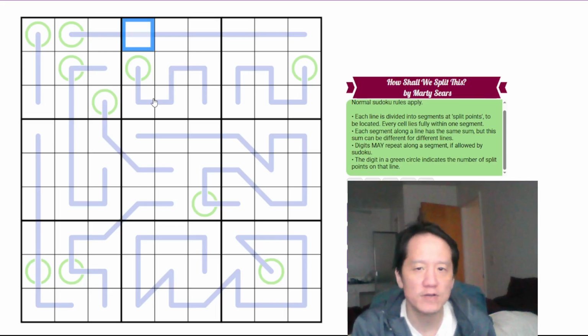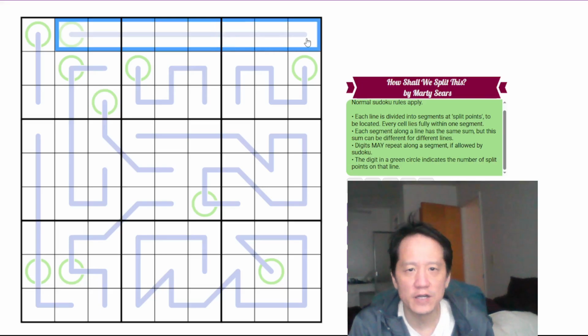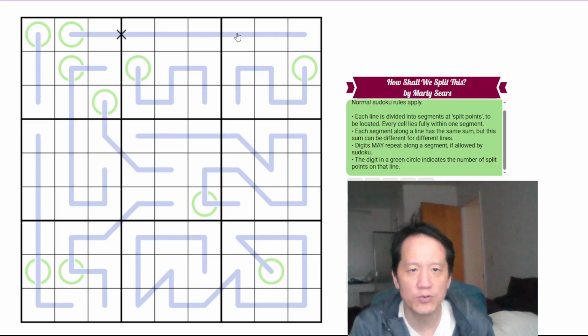Okay, so let's first tackle what is an equal sum line, and this is essentially what the definition is. So along this line, you have to essentially split it in various points, right? So we could say something like that.